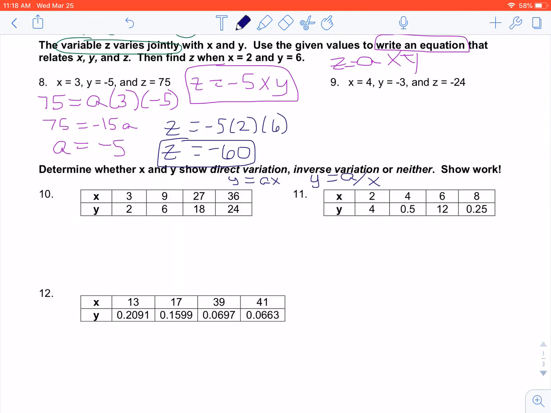So if you look at number 11, if I plug a y in of 4 and an x in of 2, and then I divide, I get a equals 2. If I continue to do that, I need to make sure that the a value that I get is constant.